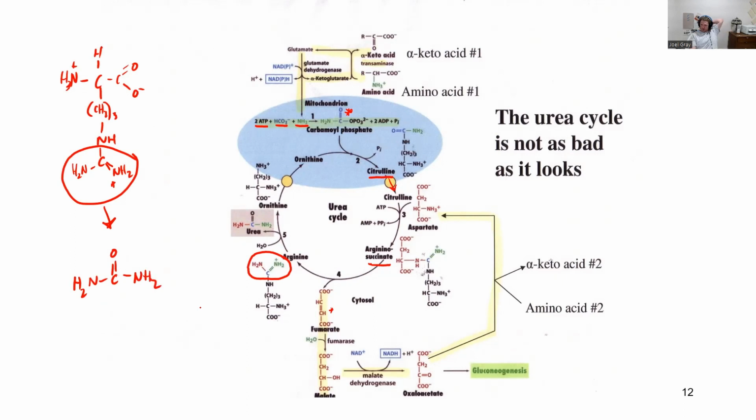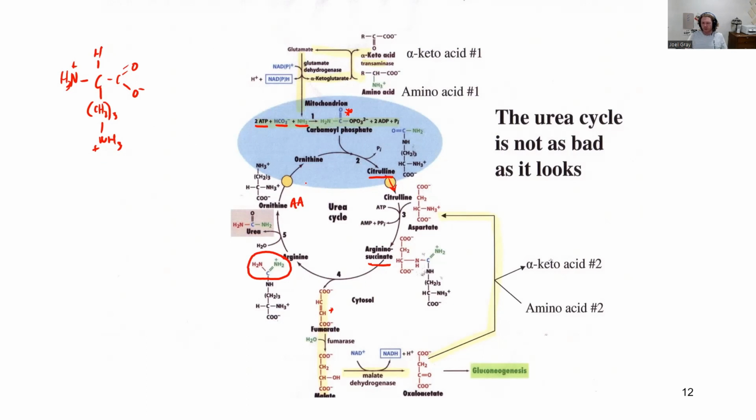That urea is released, giving us everything that remains. And in which case that's going to end up as NH3 plus, and that is the amino acid known as ornithine. Ornithine is an amino acid, but what's important about it is it is a non-proteinogenic amino acid.